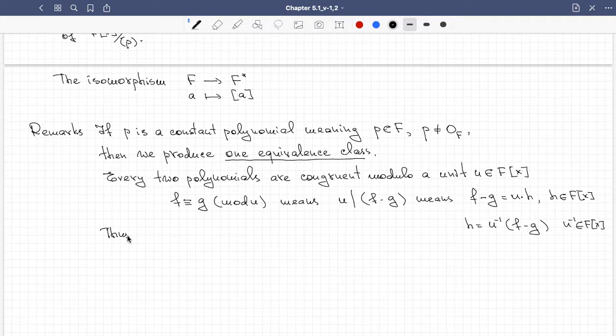One has to check the operations, but nothing happens, we again produce a ring.